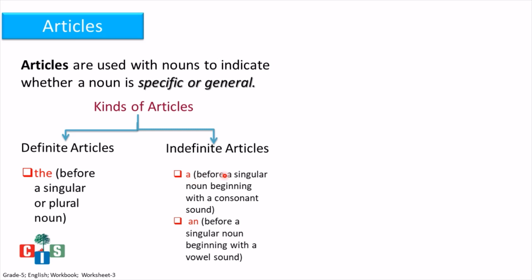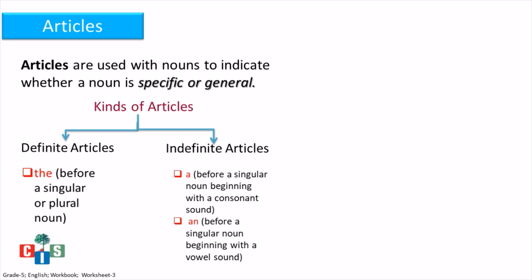A is used before a singular noun beginning with a consonant sound. Where we have to use a? We have to use a before any singular noun which starts with a consonant sound, not with a consonant letter but with a consonant sound. Be careful scholars, you have to pay attention here that a is used before any singular noun which starts with a consonant sound.